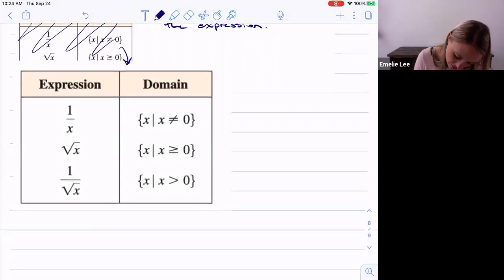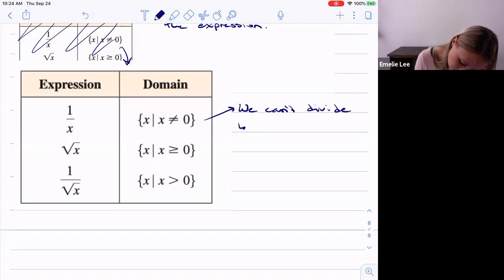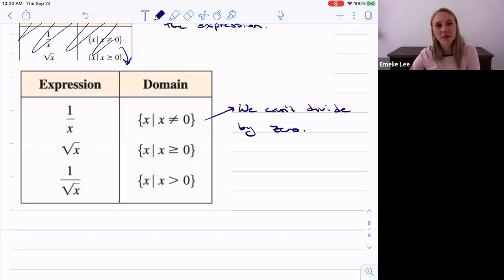So here, this first one says that we can't divide by 0. Right? If there are values of x or any inputs that give you division by 0, they have to get pulled out of the domain.